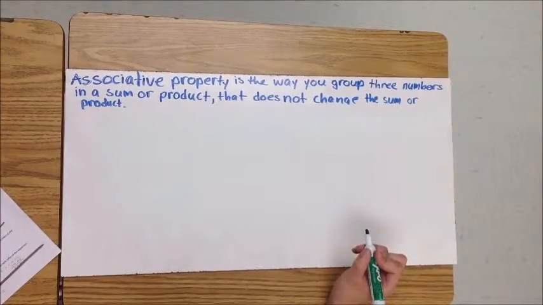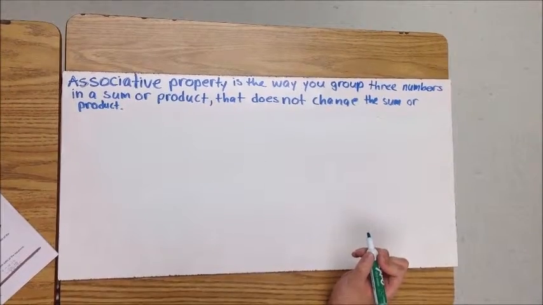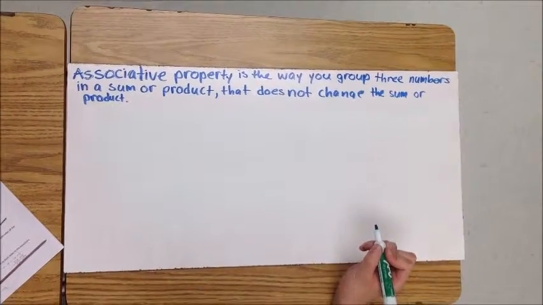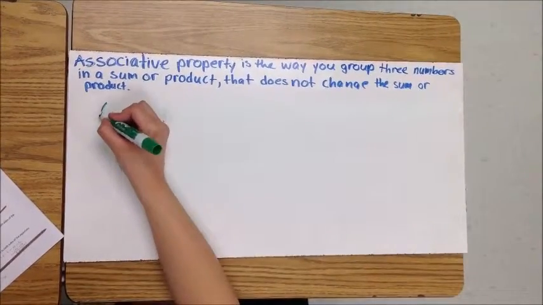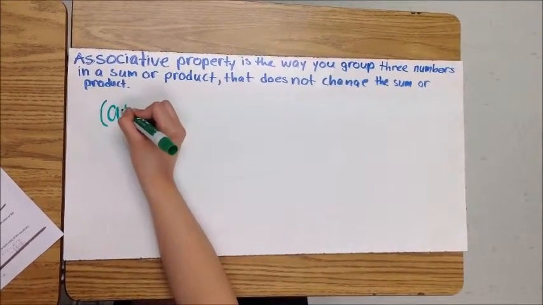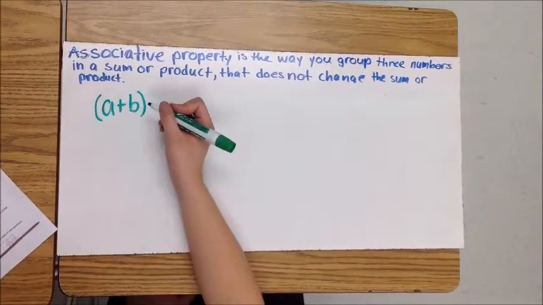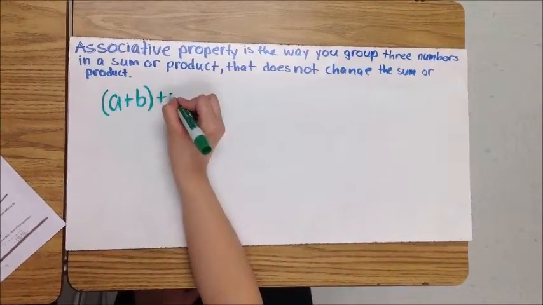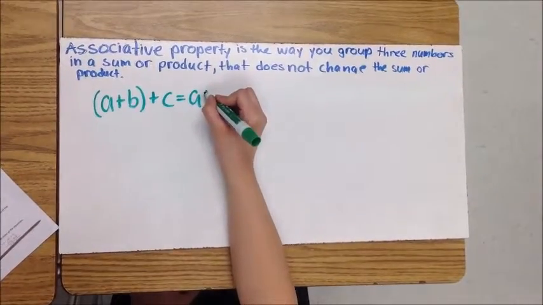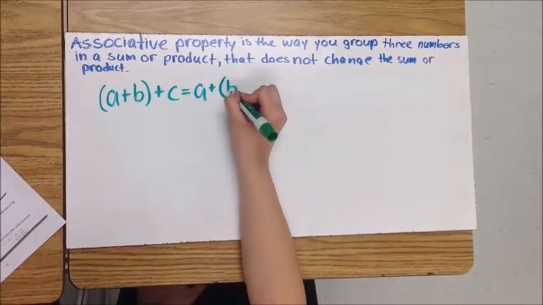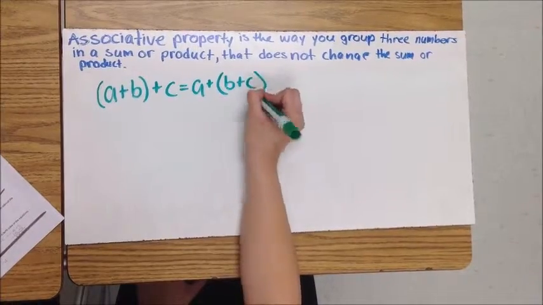The associative property is the way you group three numbers in a sum or product that does not change the sum or product. For example, (A plus B) plus C equals A plus (B plus C).